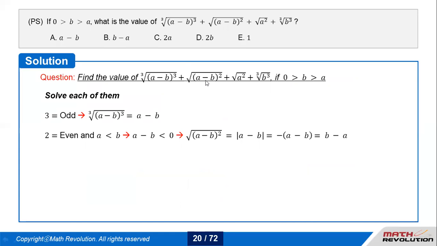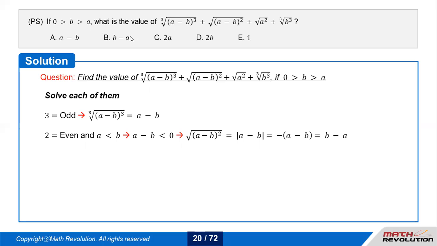Here n is 2, it is even. So a minus b, this is even, but the concern is we are not dealing only with a or b. A is less than b, because it says 0 is greater than b, b is greater than a. So a is less than b. That means a minus b should be less than 0.